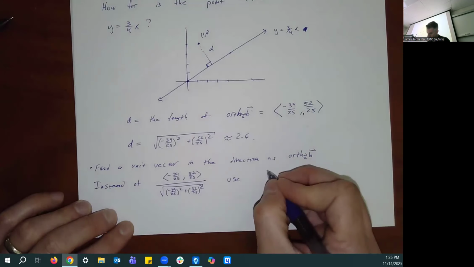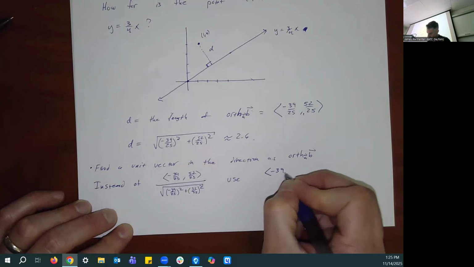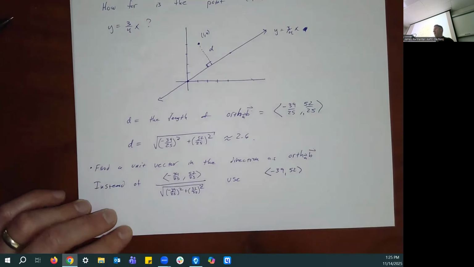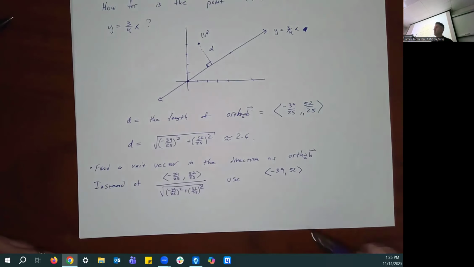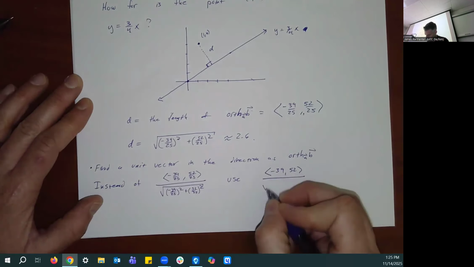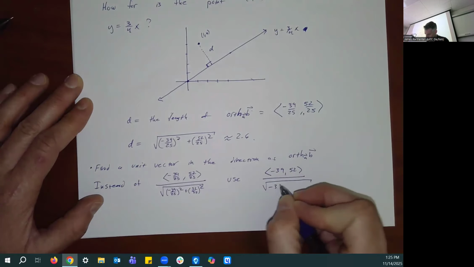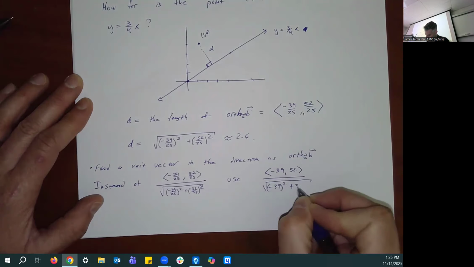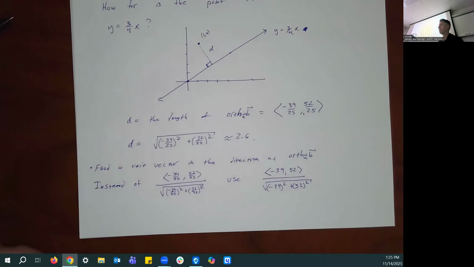And then I'm going to use the vector (-39, 52) and divide that vector by its magnitude. It's still not lovely, but at least you don't have fractions and fractions.